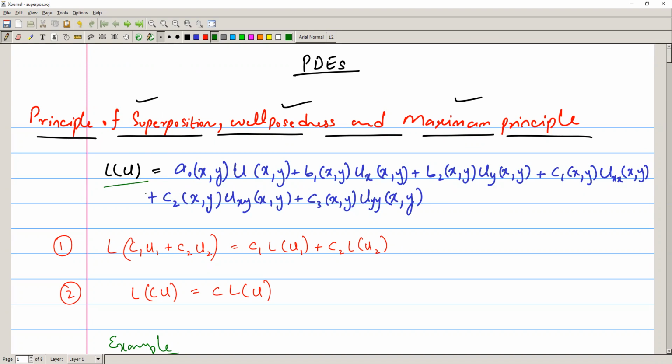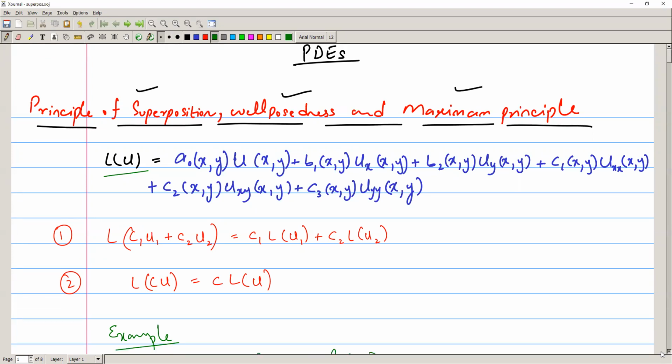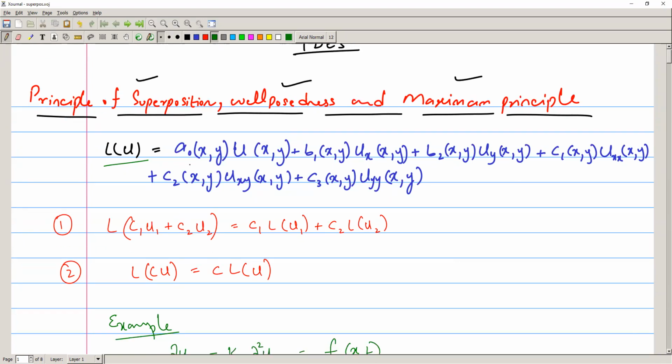So the linear operator Lu is equal to a0(x,y) times u(x,y) plus b1(x,y) ux(x,y) and so on, right? So this is the idea of a linear differential equation.